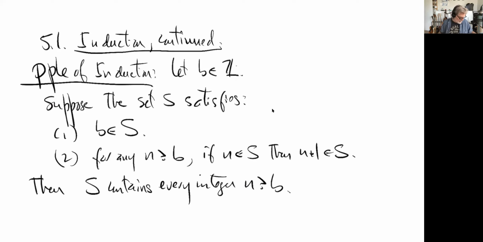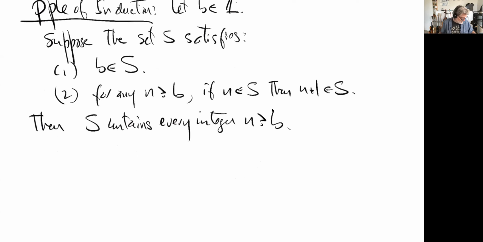So if it contains B, and whenever it contains an integer which is at least B, it contains the next one, then it contains everything starting at B. So this is the form as a set.